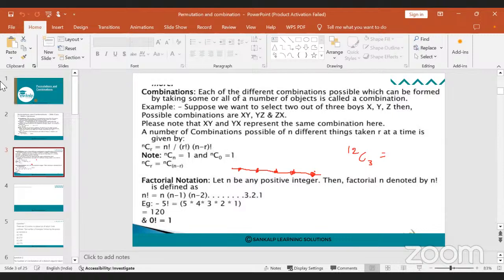Here n is 12, r is 3. So n factorial is 12 factorial, divided by r factorial, that is 3 factorial, into n minus r, 12 minus 3 is 9, 9 factorial. Try to solve this, you will get the answer fast.